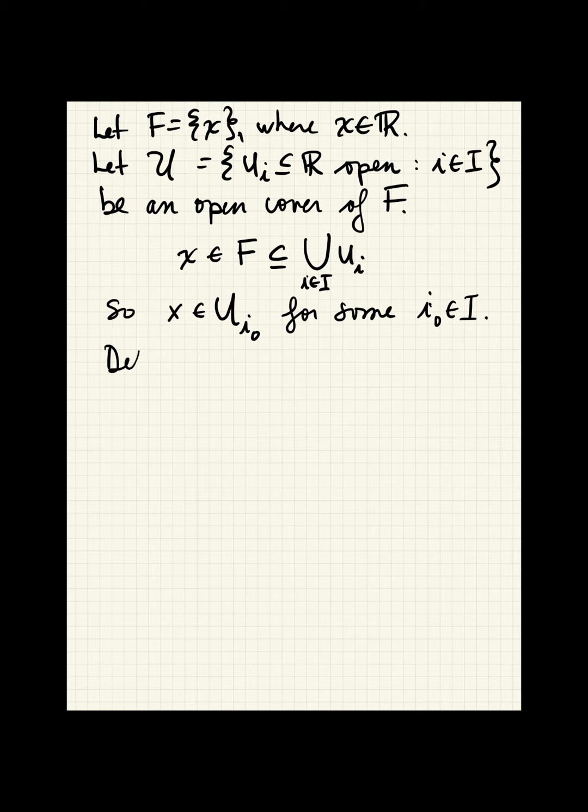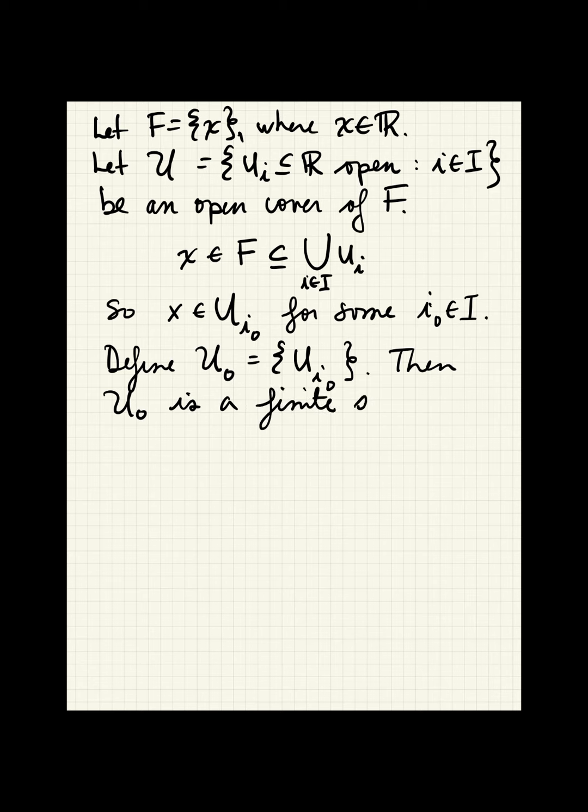So let's define script U naught to be equal to U sub i naught. Okay. Then script U sub naught is a finite open subcover of U, right? Because x is in U sub i naught.